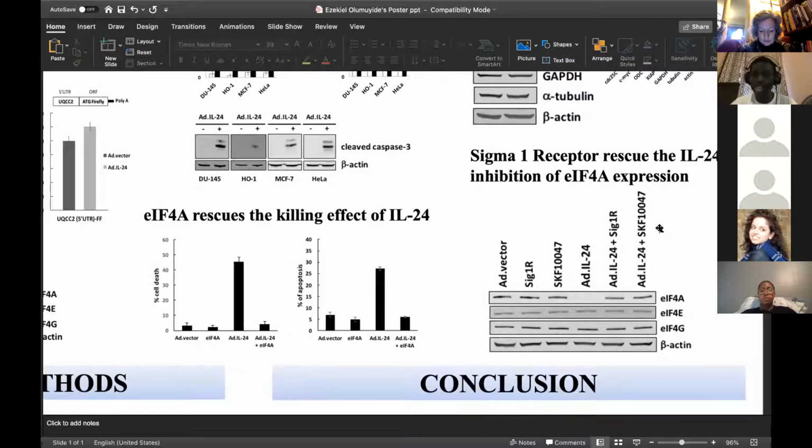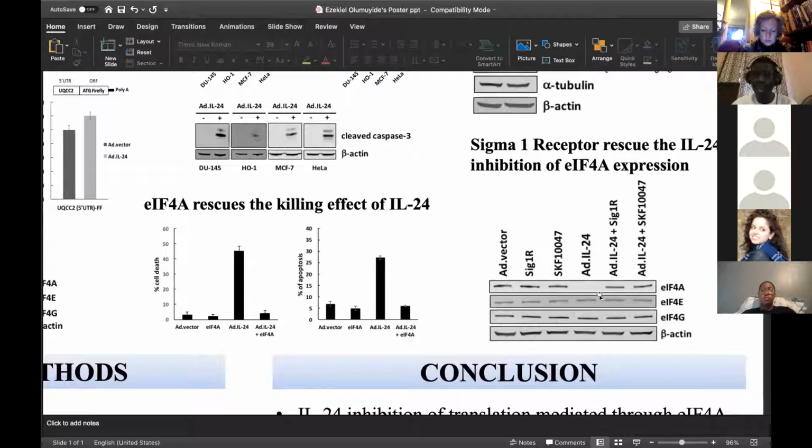Then we decided to see if sigma-1 receptor rescues interleukin-24 inhibition of EI4A if it is upregulated. Then we decided to compare. We used a sigma-1 receptor agonist, SKF10047, which causes the increase of the function of sigma-1.